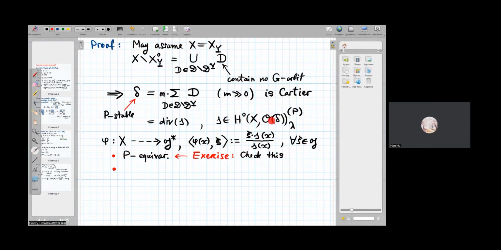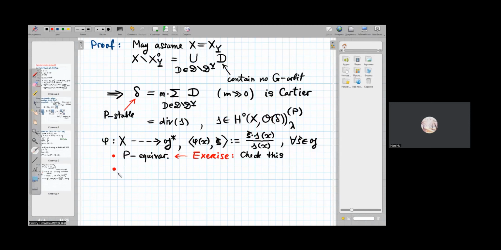It is a linear representation of G. And when you have a linear representation of G, you take its differential and you get a linear representation of the Lie algebra of G. So you may apply elements of the Lie algebra to the vectors in this space. This makes sense. So this formula makes sense.